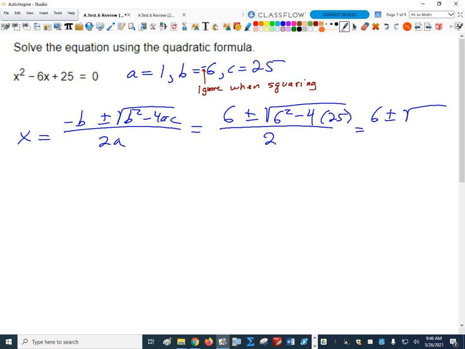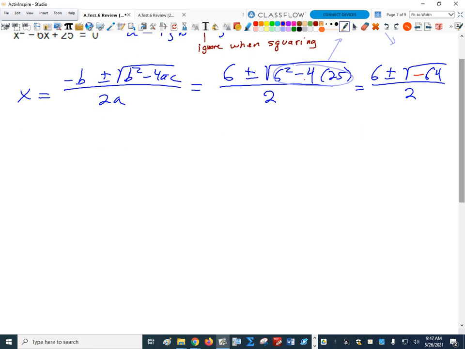So inside the bubble, I'm getting 36 minus 100, right? That's -64, all divided by 2. There we go.